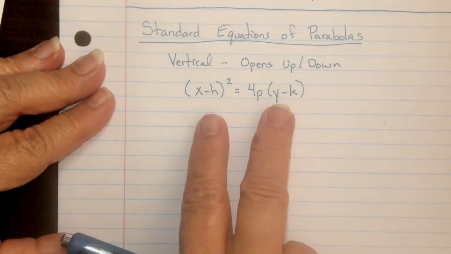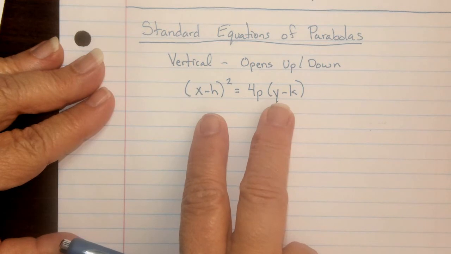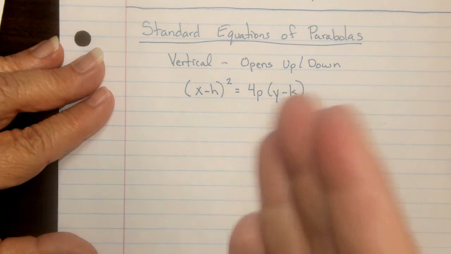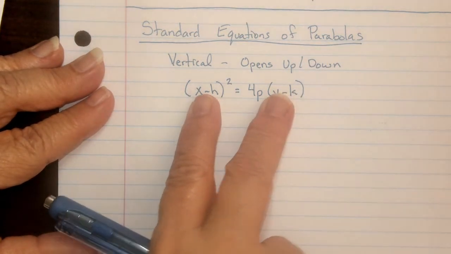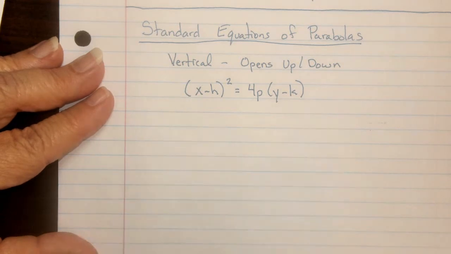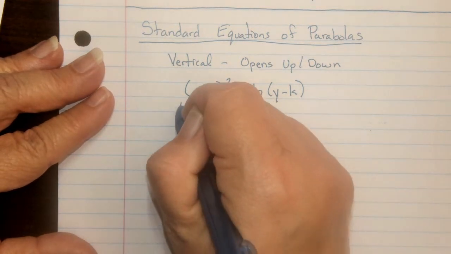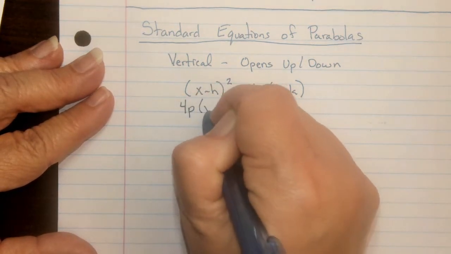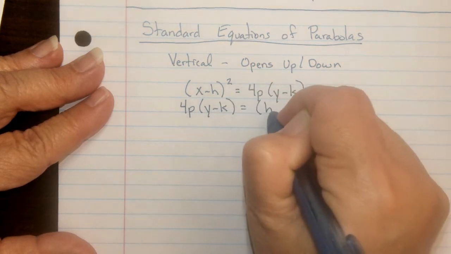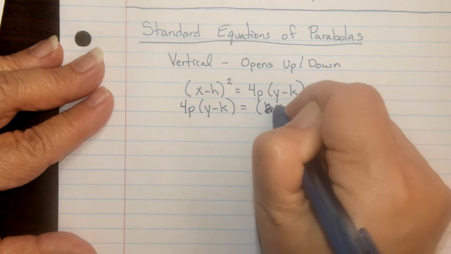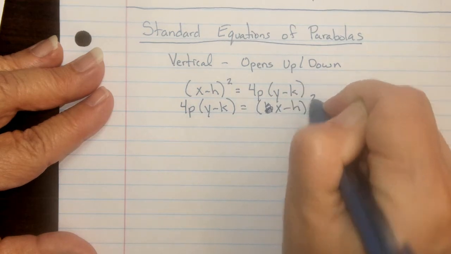Normally, when we're writing in function notation, we're used to seeing the y on the left side of the equation. So you could take these two sides and just switch them, and you could have 4p times (y minus k) equals the quantity (x minus h) squared.